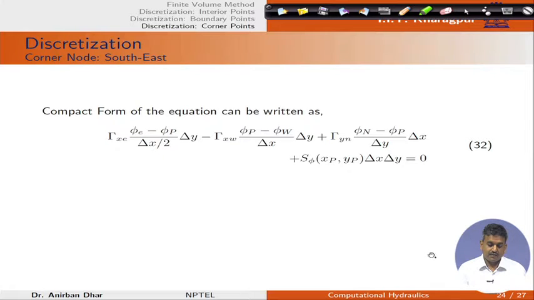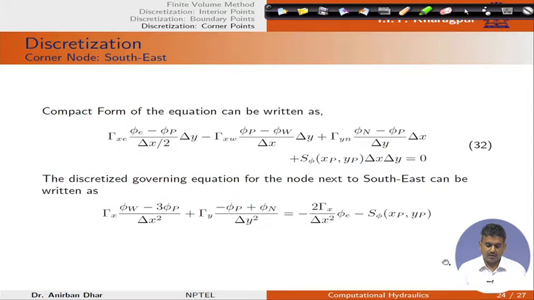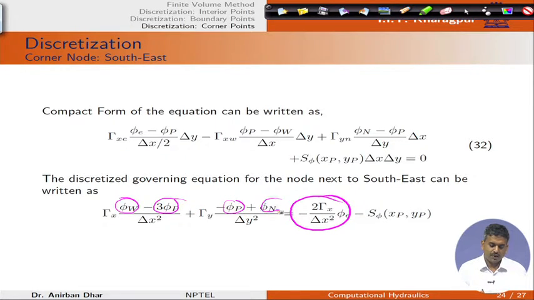So, in this case we need to utilize our governing equation, we will have our different discretized governing equation for southeast corner. We can see that in this case the east value is on the right hand side, the equation that is on the left hand side is phi w, phi p, phi w, phi n.